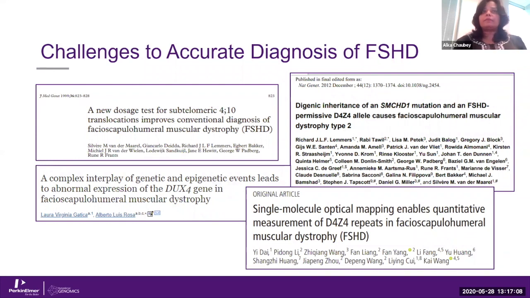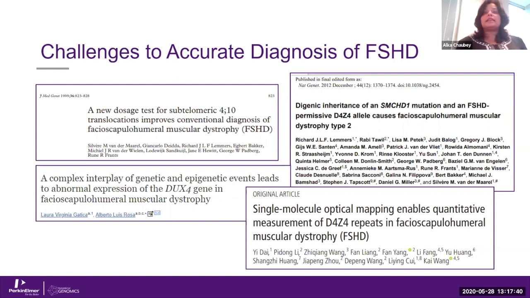There are a few publications on the slide where you can see that it is very important to discern between chromosomes 4 and 10 when you're trying to detect these D4Z4 arrays, and also how this contraction leads to an abnormal expression of the DUX4 protein that then causes the facioscapulohumeral muscular dystrophy phenotype.